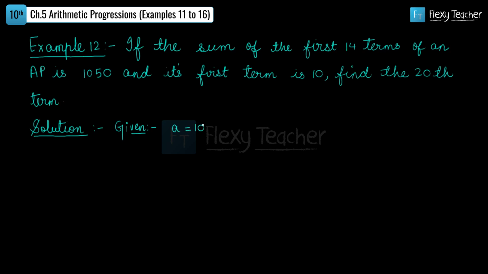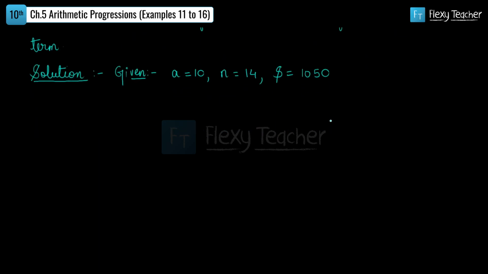The sum of the first 14 terms, so n is equal to 14 and sum S is equal to 1050. Okay, हमें फाइंड करना है 20th टर्म. हमारे पास सीरीज नहीं है इसलिए हम d नहीं फाइंड कर सकते यहाँ पे, बट हमारे पास सम है. The sum is given to us as 1050. So let us put the formula in place first and make an attempt to find the unknown values.